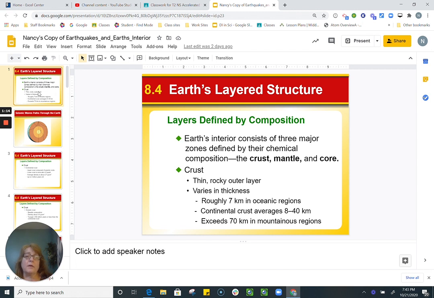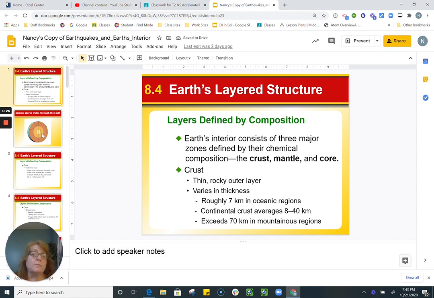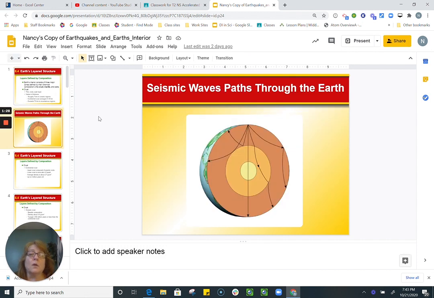If we talk about the layers of the Earth according to composition, we have crust, mantle, and core. 3 layers: crust, mantle, core. The crust is the outer layer, very thin layer. We also have oceanic crust, which is the land that the water of the oceans is on top of.